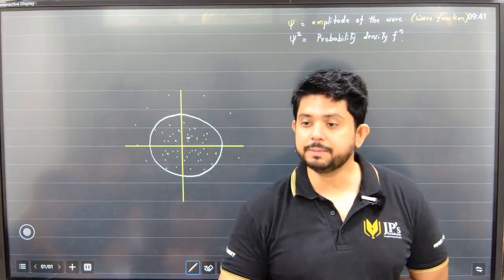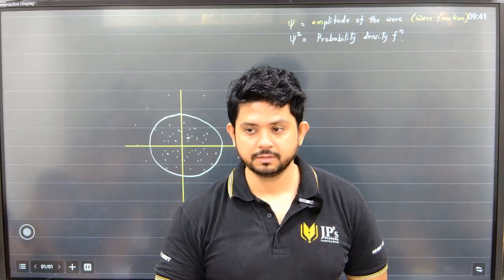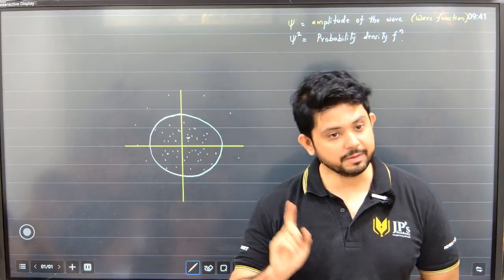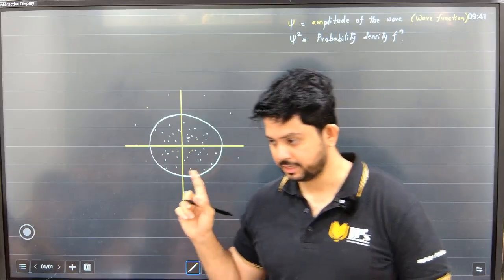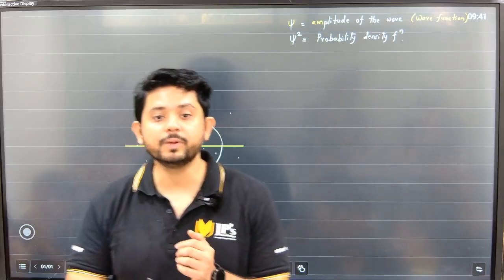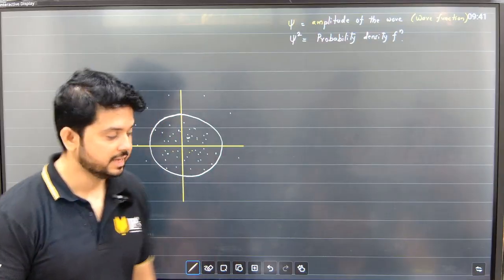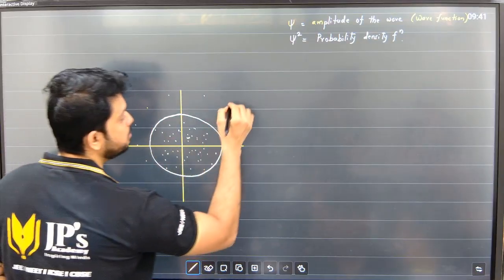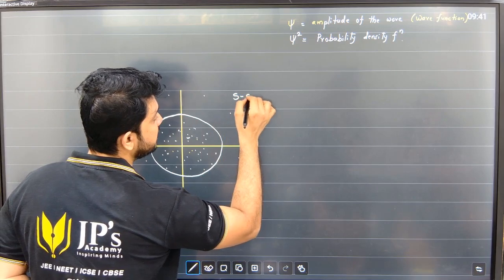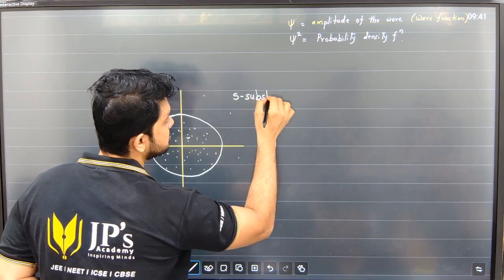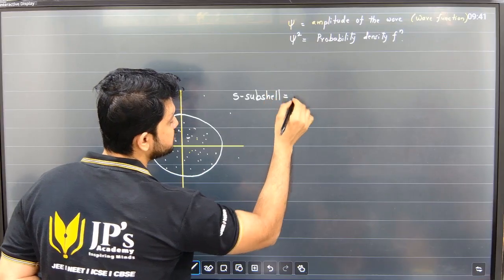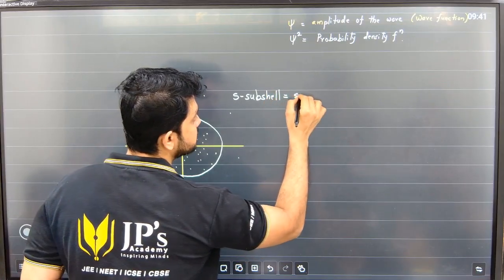What is the shape that you get? Sphere. ये तो circle दिखता है. But in 3 dimension, what do you get? You get a sphere. This is the shape of the S subshell. What's the shape of the S subshell, people? It is spherical.